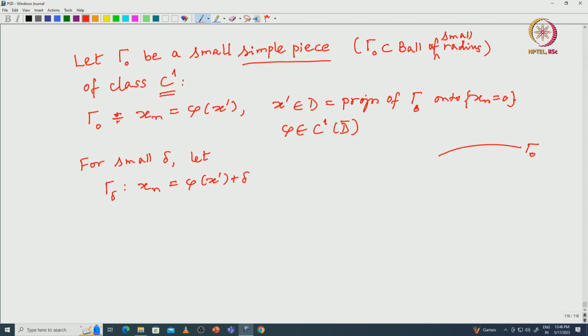So, this is also a C1 function, again x prime is there. Okay. So, depending on whether delta is positive or negative, it is a parallel surface, it can be above also. Okay, that is no problem. So, this is a parallel surface.